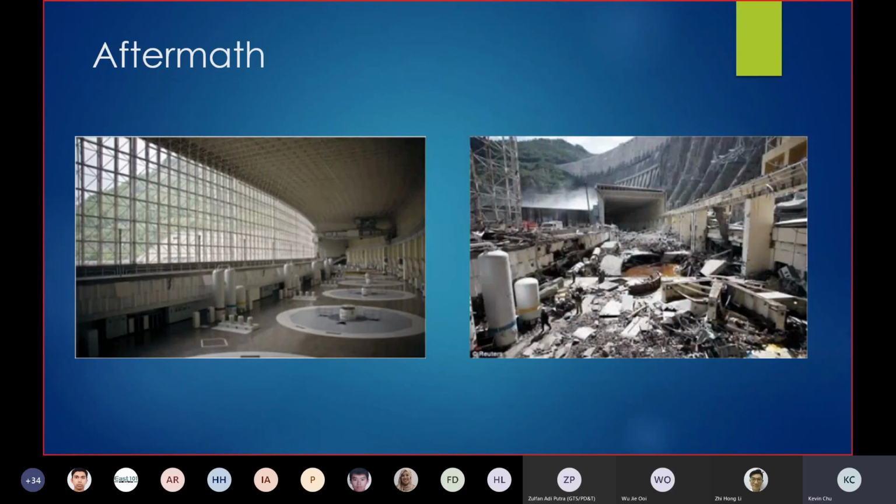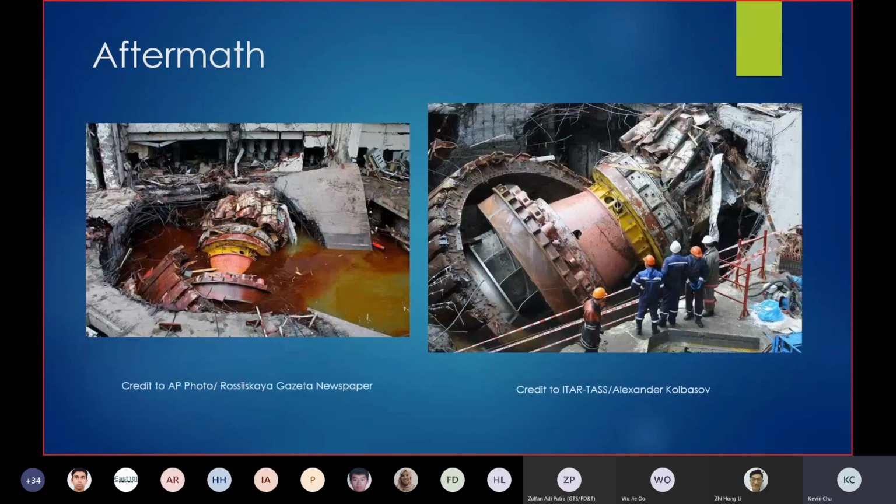And this image shows the facility after the incident. This is the same location. So you can compare both images and see that the whole roof was blown off by the liquid surge after the incident. The following image shows the disrupted turbine, which is the main cause of the incident.